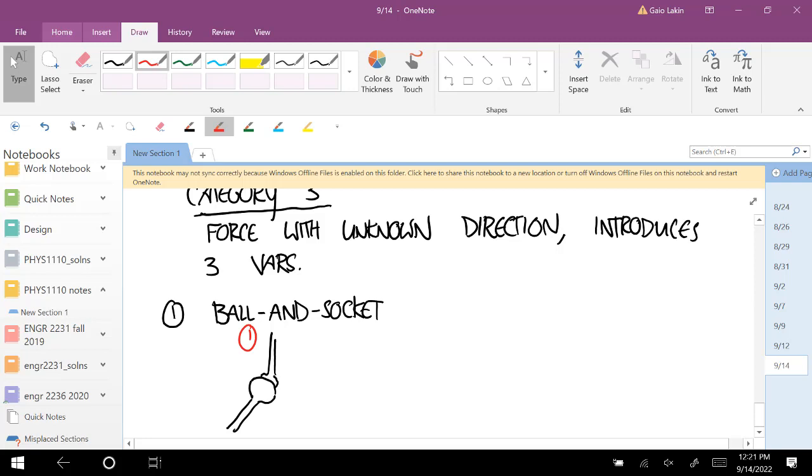At the point where those 2 pieces articulate, there's no translation in any direction. That's why it applies a full force vector. But any rotation is allowed. Think of my elbow, it can sort of work that way. So it can rotate about this axis, or about this axis. So that's why there's no couples applied. We haven't seen any couples for any of these yet.